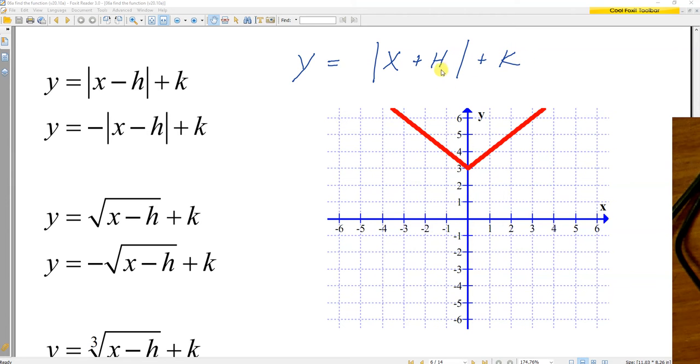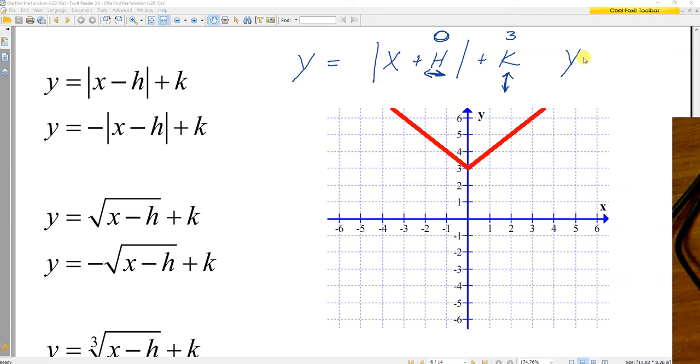I know that this h is the left-right. Is there any left-right shift on this? No, so I put a 0 right here. Is there any up-down shift on it? Yes, it goes up 3, so I put a 3 right here. Does it flip over? No, then I don't worry about a flip. So what do I have here?